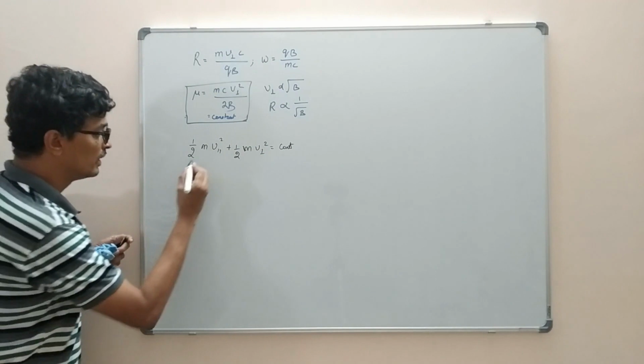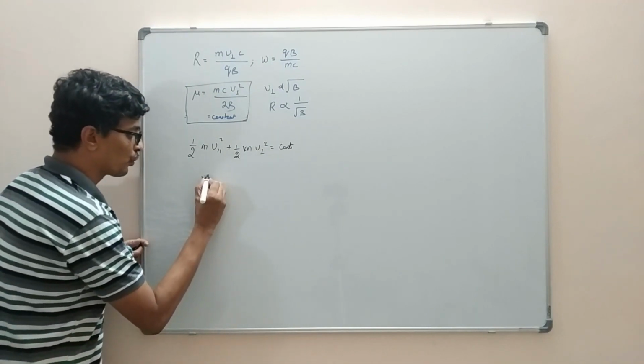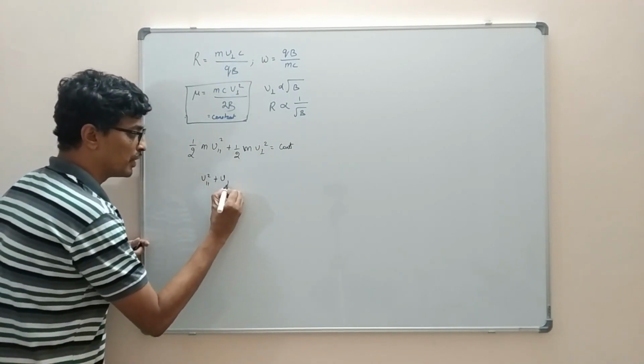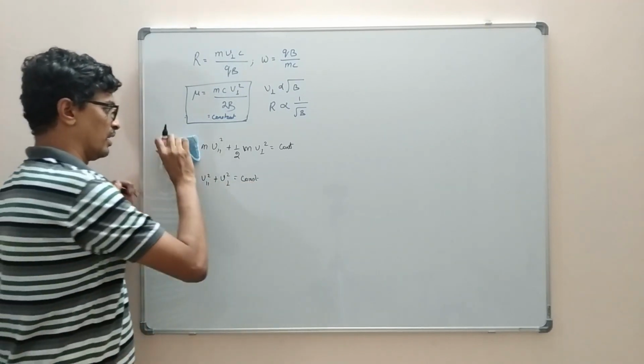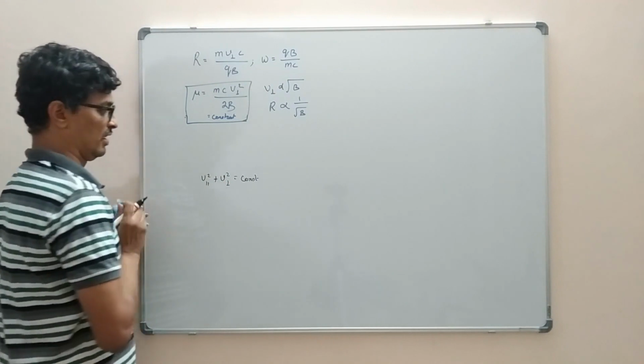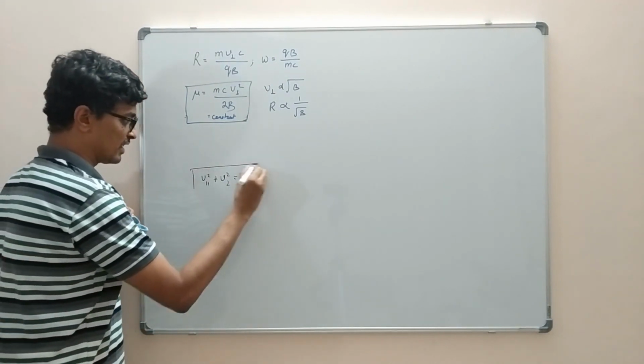So this says v parallel squared plus v perpendicular squared should be constant. And this is another thing.